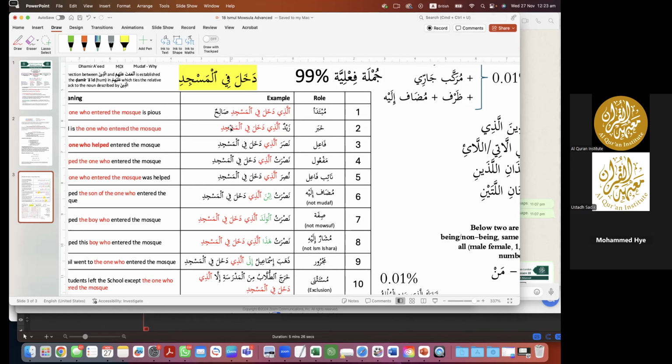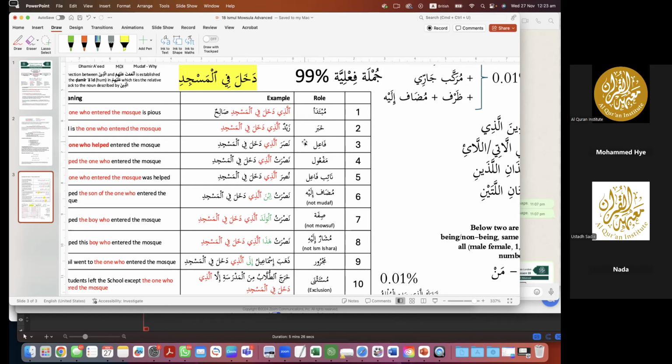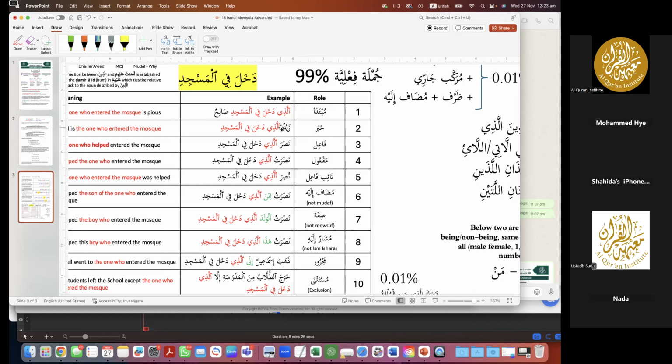Lost a little bit, because it's going from one extreme to another. A little confusion: Silatul Mawsul becoming Jumlatul Mawsul, then becoming Mubtada. Please, let me continue.